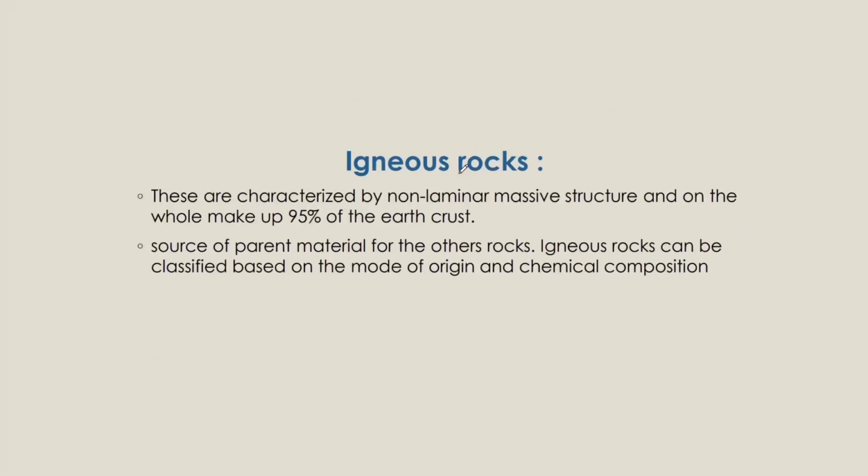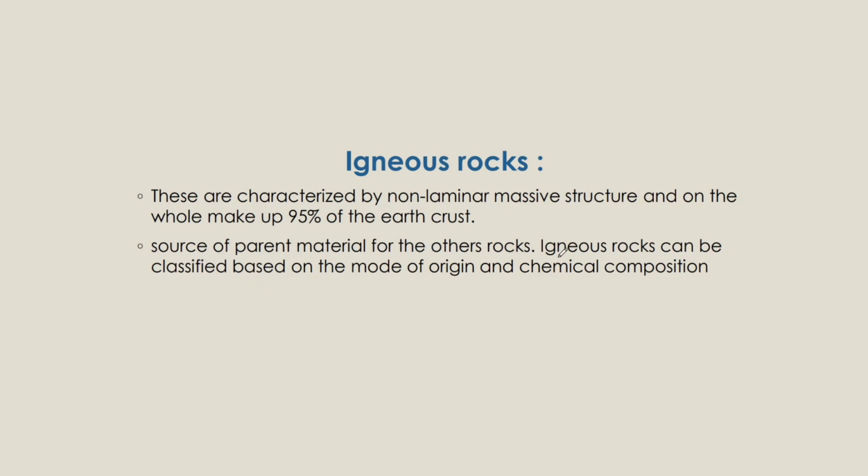After that we have the brief definition of igneous rocks. Mainly they are characterized by a non-laminar massive structure. Non-laminar means they have no particular columnar structure like other types of rocks. They make up about 95% of the earth crust, as I said before, and that description was given in the previous part also.